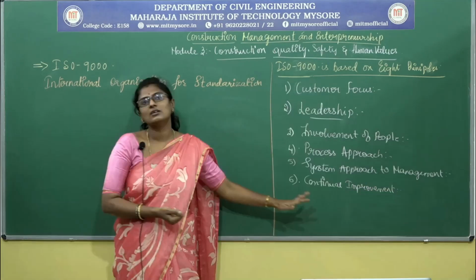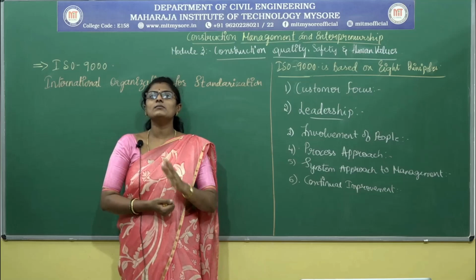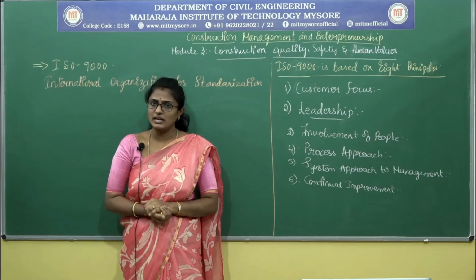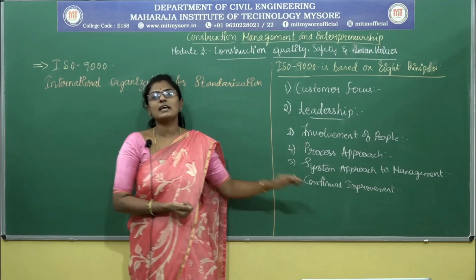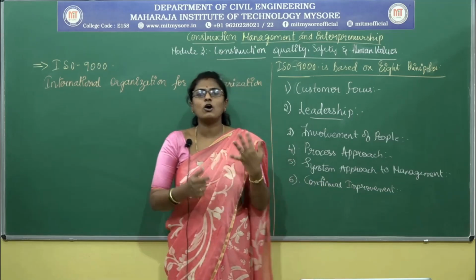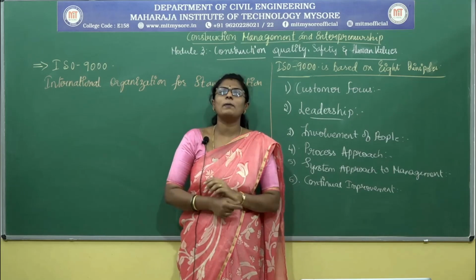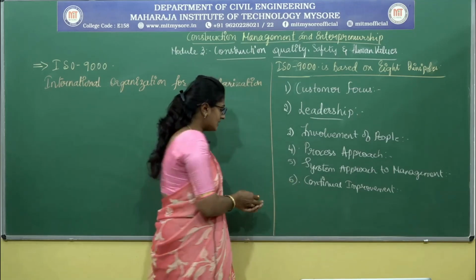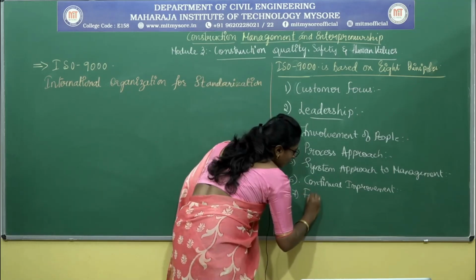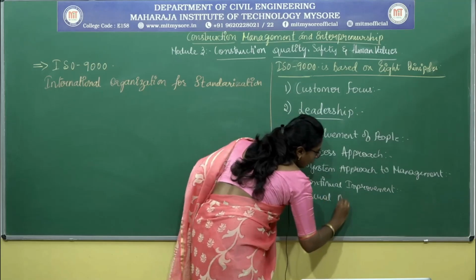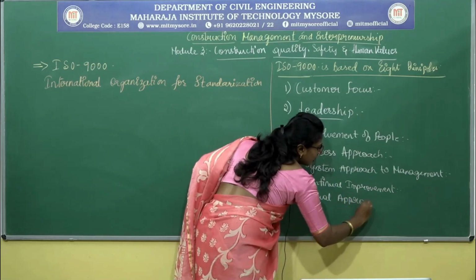Next one is continual improvement. So continual improvement becomes the permanent objective of the organization. So this can be with respect to products or process or the overall management of a particular project. So the next principle is factual approach to decision making.